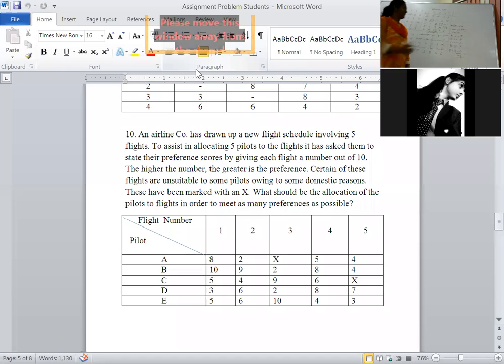That means proceed for the Hungarian method.